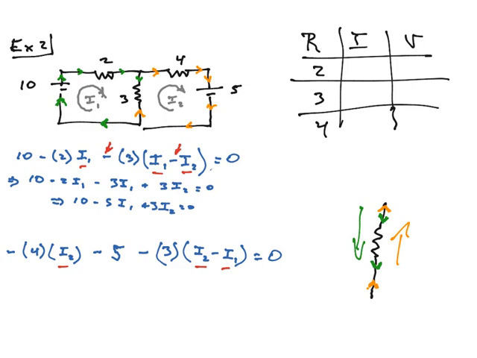And now I know I'm doing two equations, two unknowns, so my first step is to take one of the equations and solve for one of the unknowns. I'm going to solve this one for I1. So I get I1 is 10 plus 3i2 over 5.